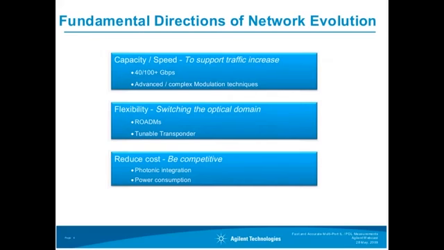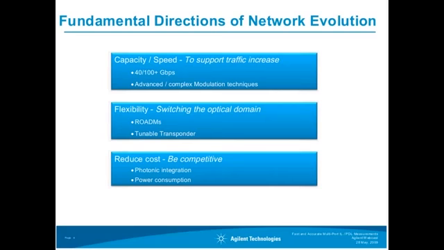Right now we look at 40 and 100 gigabit per second solutions, and that is going to be implemented in combination with advanced and complex modulation techniques. This has as a consequence, of course, that you are running tighter against the margins. So the margins get smaller. You are closer to the physical limitations of the network, of the fiber.